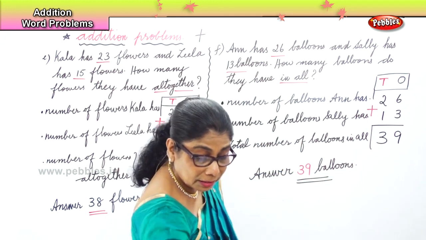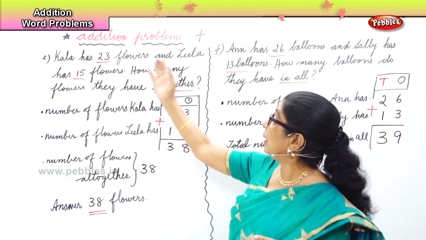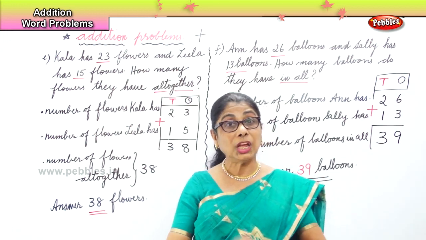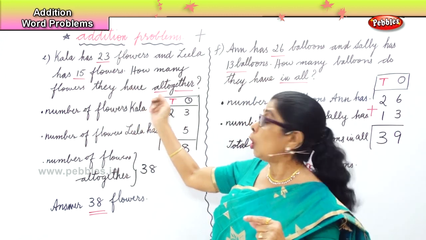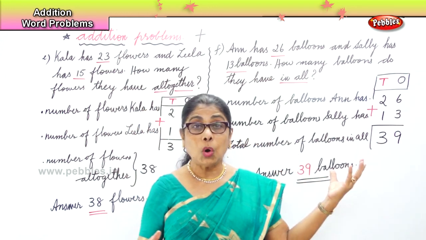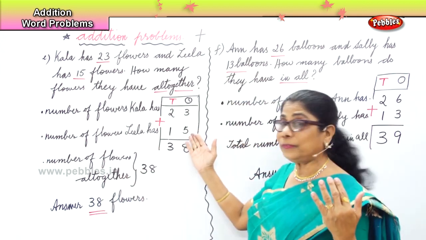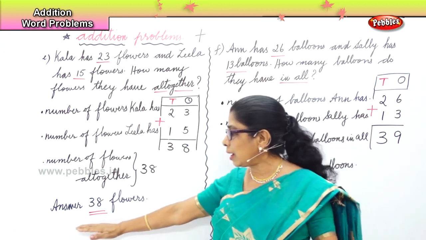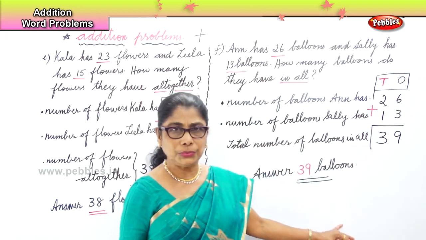We learned to do the word problems in addition, story problems in addition, looking at words like some, altogether, in all, and then we learned to add the ones first and then the tens. We also learned to write the answers. What is the answer for each of those?